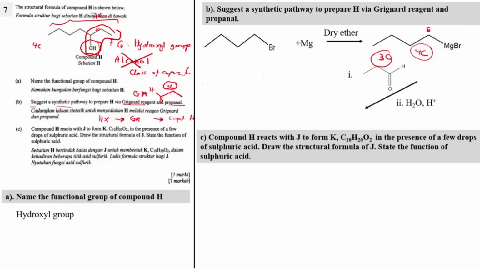The delta negative here will attack this side, and this one will make an alcohol. And as a result, we're going to produce the 7 carbon chain, 1, 2, 3, 4, 5, 6, 7, and then here is going to be OH.